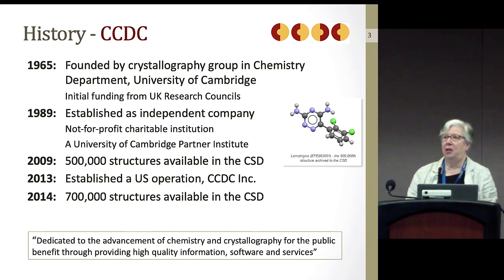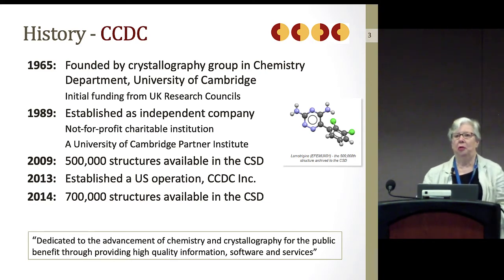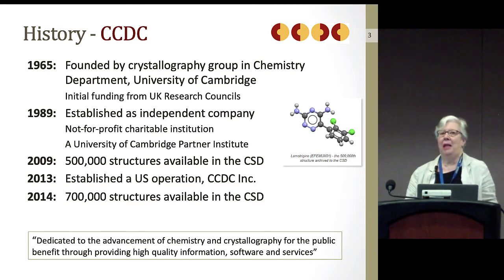It was established as an independent company, a not-for-profit charitable institution, but still in partnership with the University of Cambridge. And as I've come to learn deeply, the email address is a Cambridge email address.